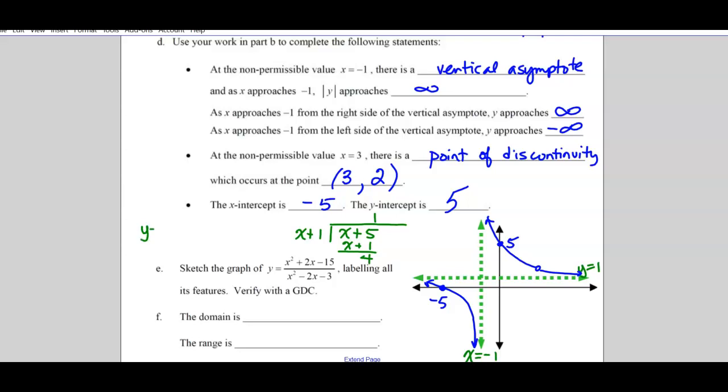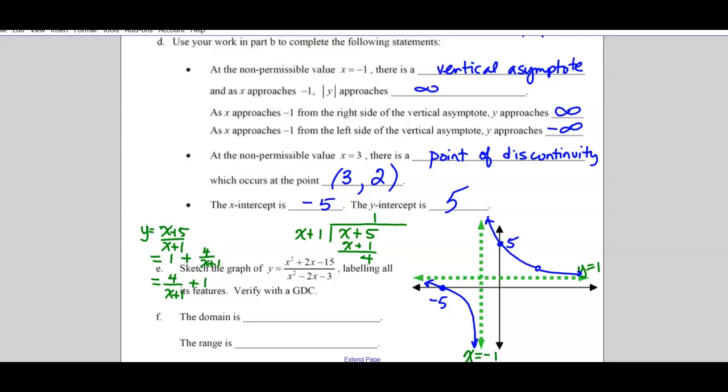So y equals x plus 5 over x plus 1 is the same as 1 plus 4 over x plus 1. And if we rearrange that, then you could take our 1 over x, stretch it by 4, move it left 1 and up 1, if you wanted to have some more points. We weren't asked for that, but that's what you can do.